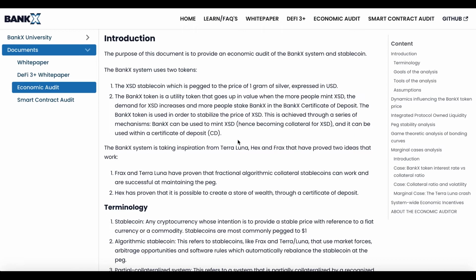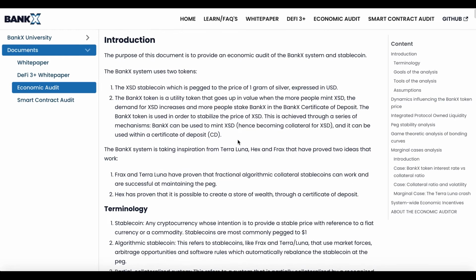When I started talking about this in 2017, 2018, few people were taking this seriously. It looks like now we're moving to the next stage of not only designing token economies, but also of auditing token economies. So this is the BankX tokenomic audit, which you can see here.